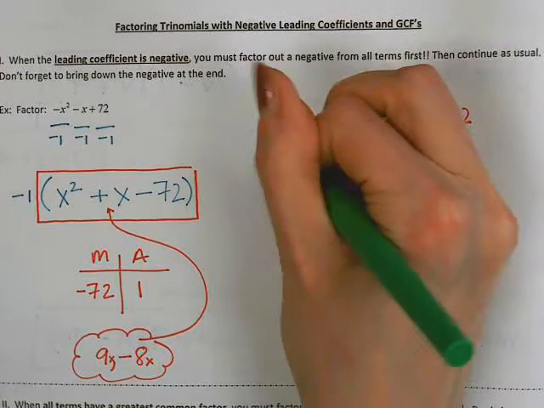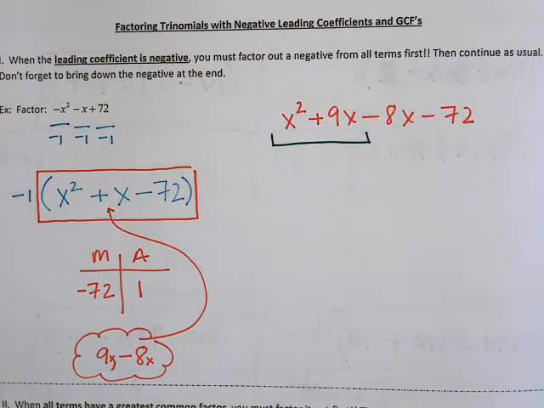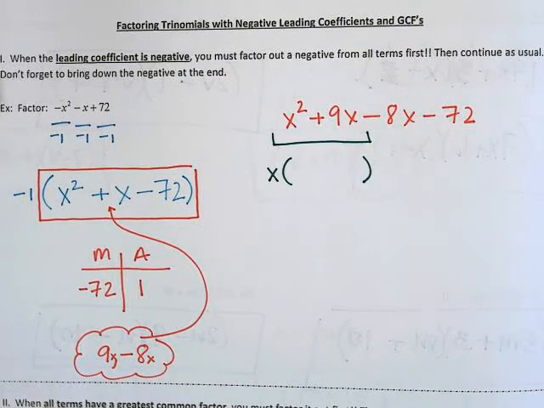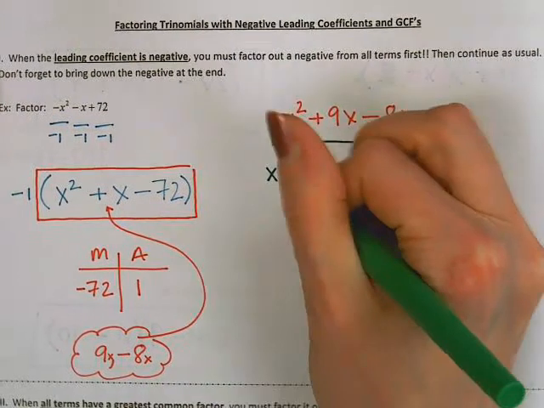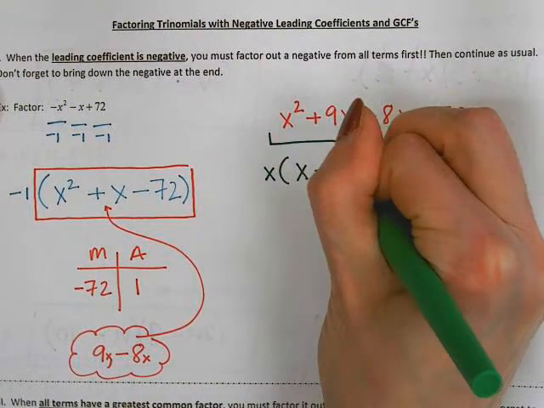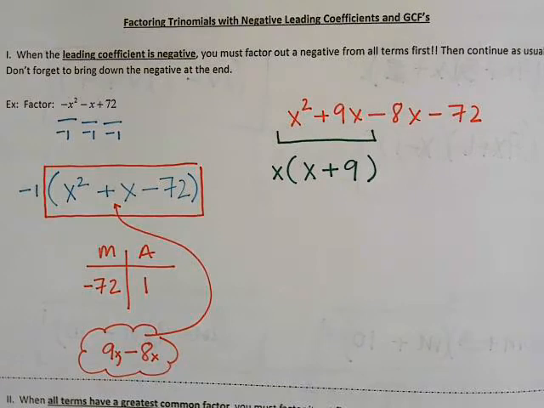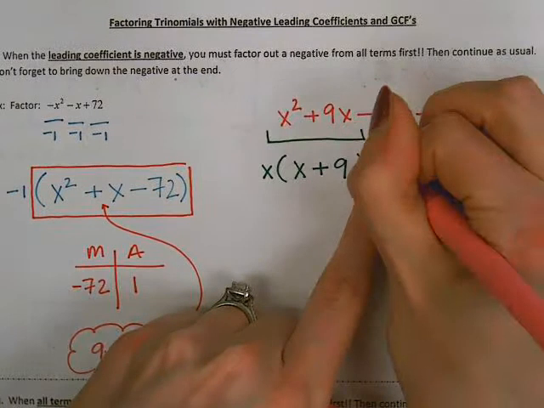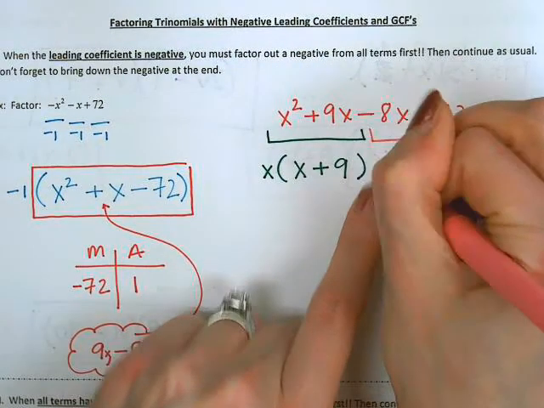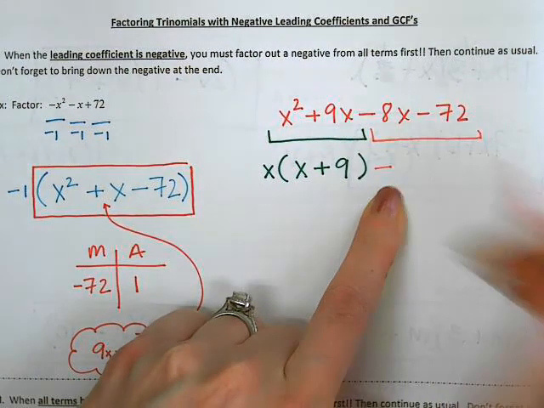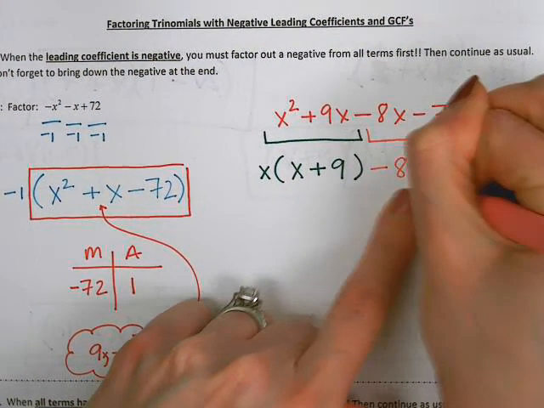Okay, so the first pair, I think we can only pull out a 1x. And if you pull out a 1x, you're left with x plus 9. I'm assuming you guys are good at this part by now. Now, what about these guys? Well, we definitely have to take out a negative, and 8 and 72 have a GCF of 8.